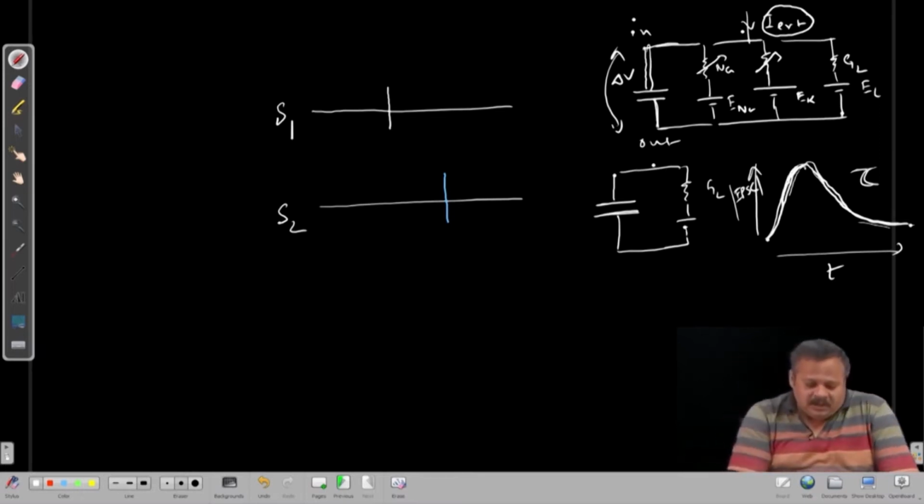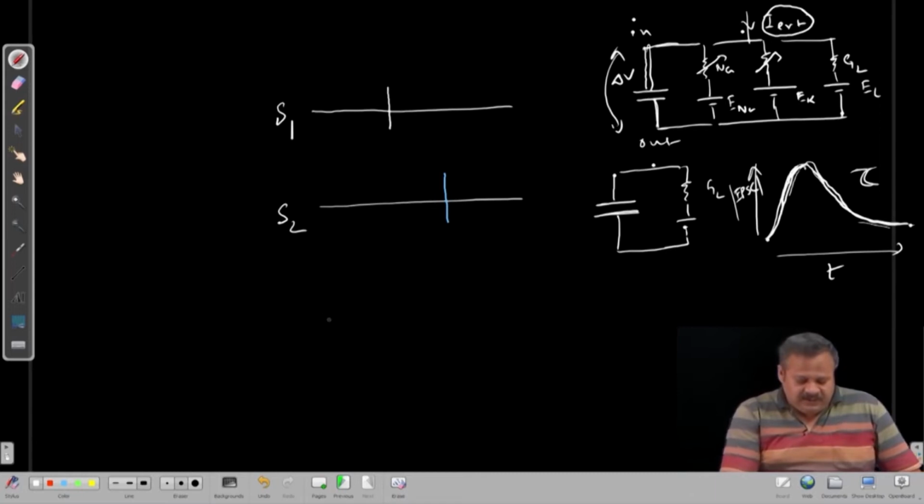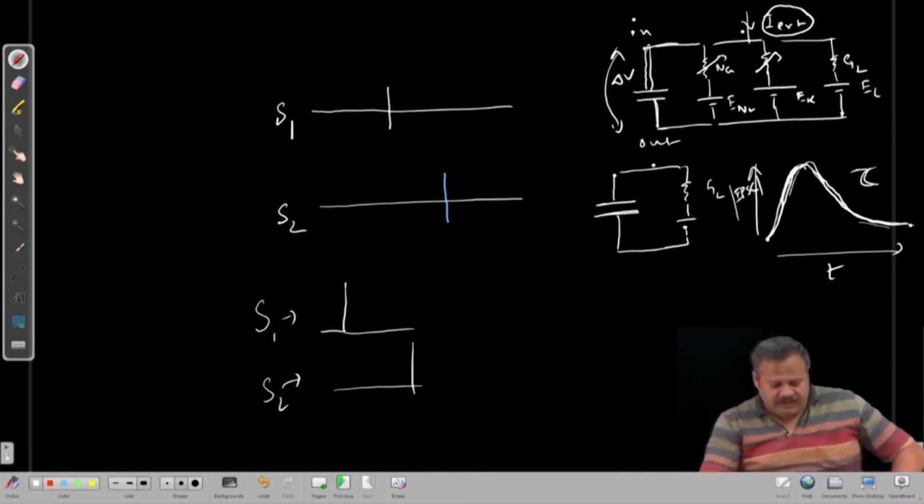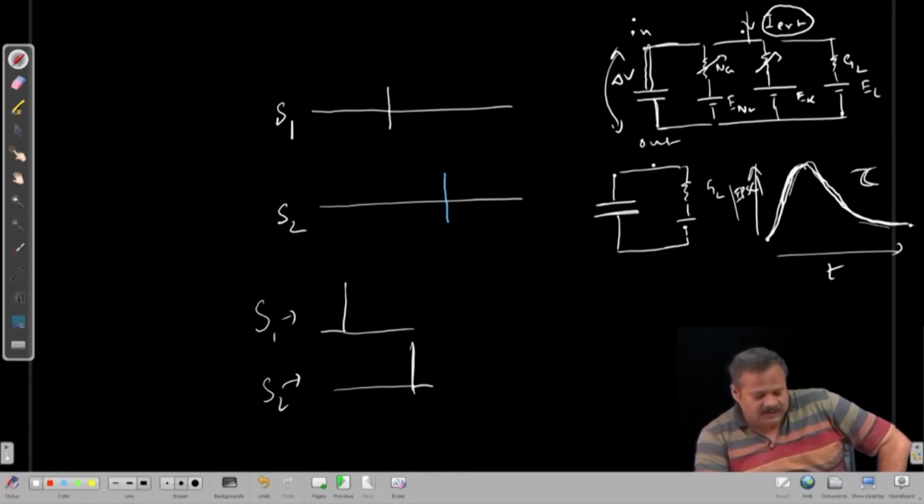That is, if we think of tau to be 0, the postsynaptic current is simply a blip corresponding to the spikes S1, S2, or postsynaptic potential, this thing.